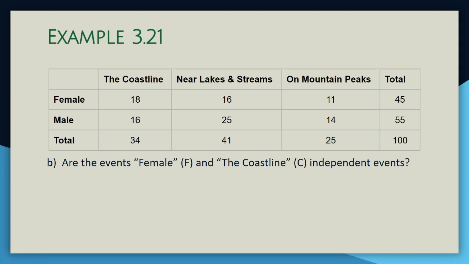Or is the and probability, P(A and B), equal to P(A) times P(B)? I'm going to do that last one. Is P(F and C) equal to P(F) times P(C)? Because those are things I can easily pick off from the table.